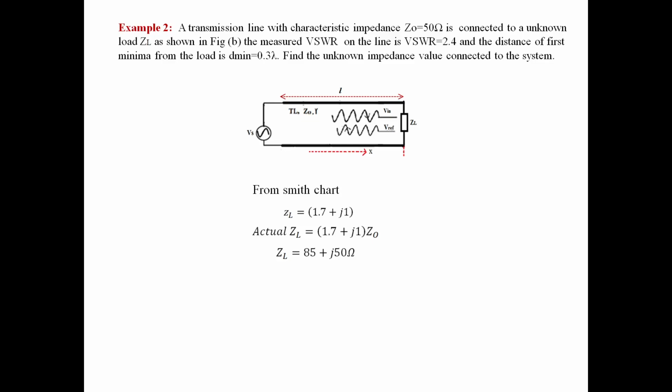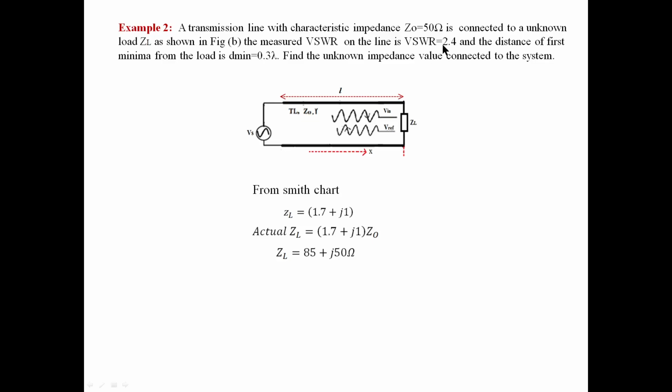Yes, ma'am. Okay, fine. A transmission line with a characteristic impedance Z0 equal to 50 ohm is connected to an unknown load ZL as shown in the figure here. The measured VSWR on the line is 2.4. The load is not known, but the measured VSWR on the line is 2.4, because it is unique for that load.